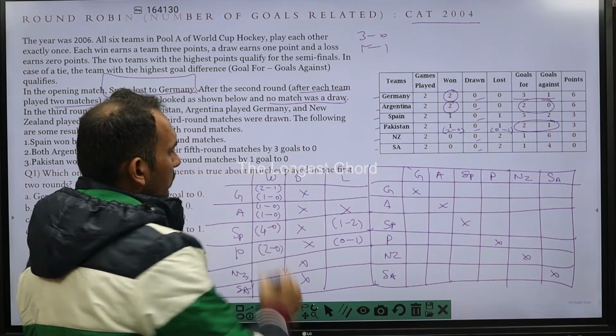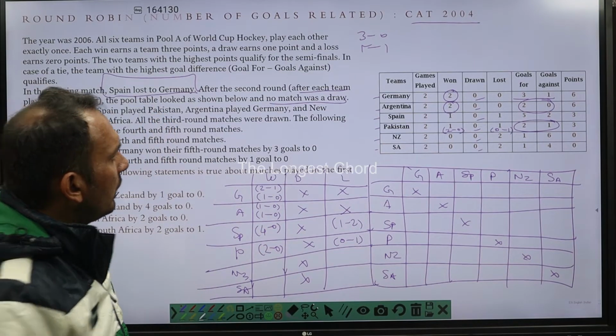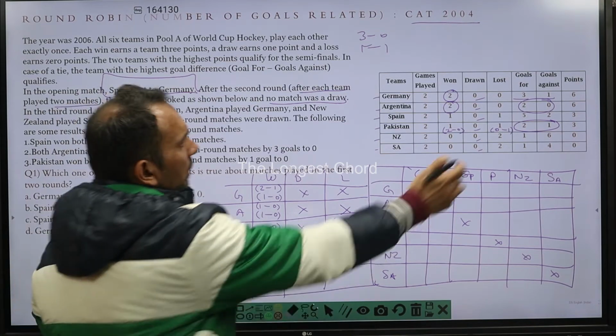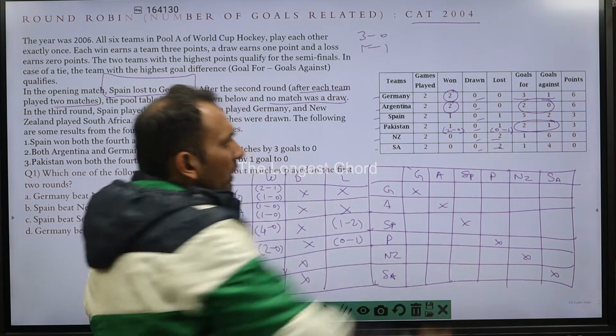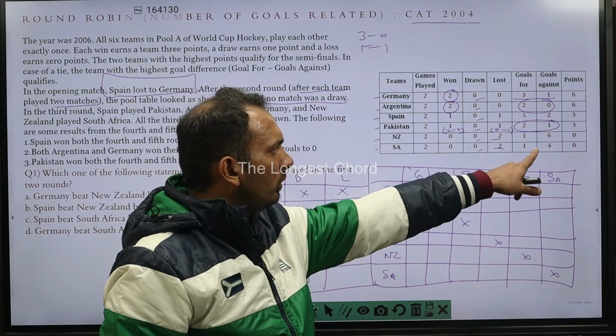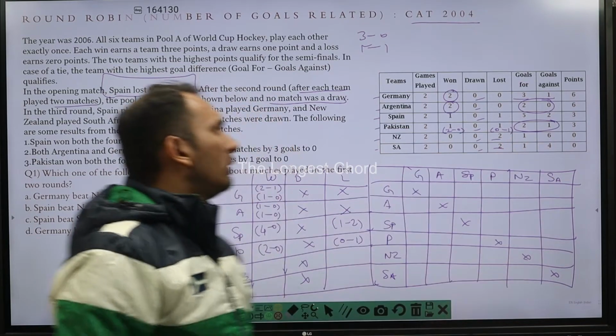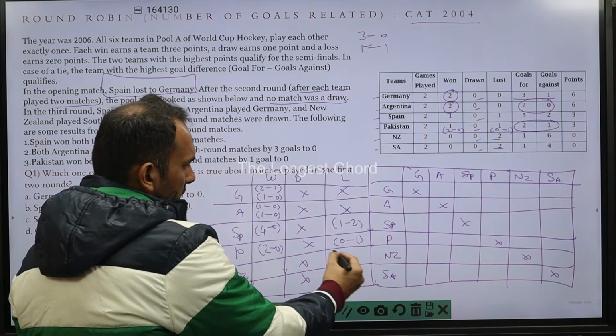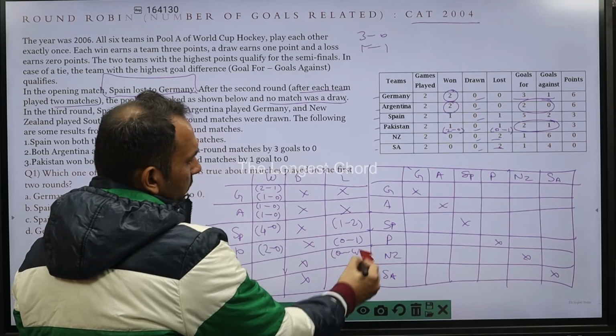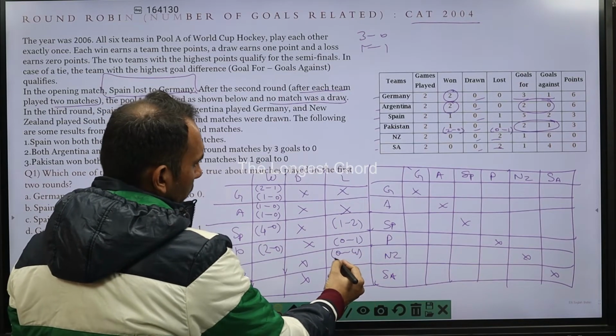This has to be 4-0. Now there are 2 losses here. Can we get a 0-4 here? It is not possible because there are 2 losses. So 0-4 has to be here only. So can we say that this has to be 0-4 and the other has to be 1-2?